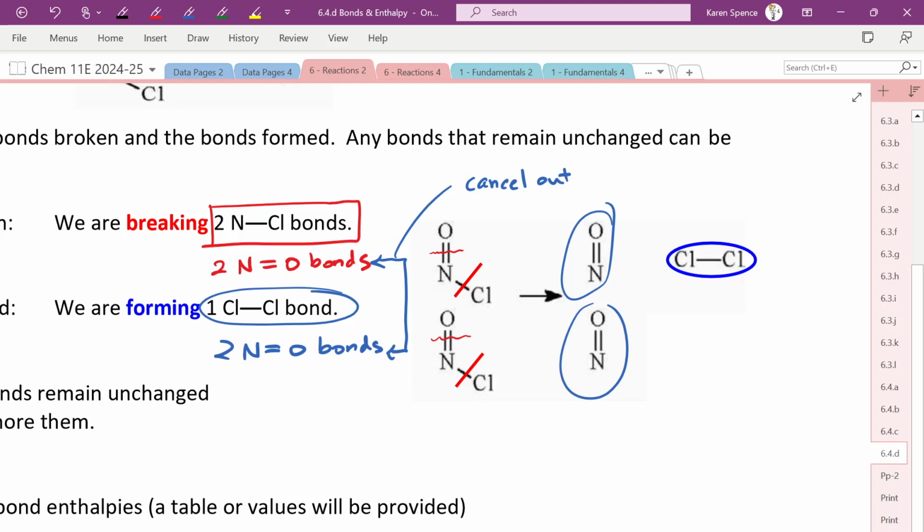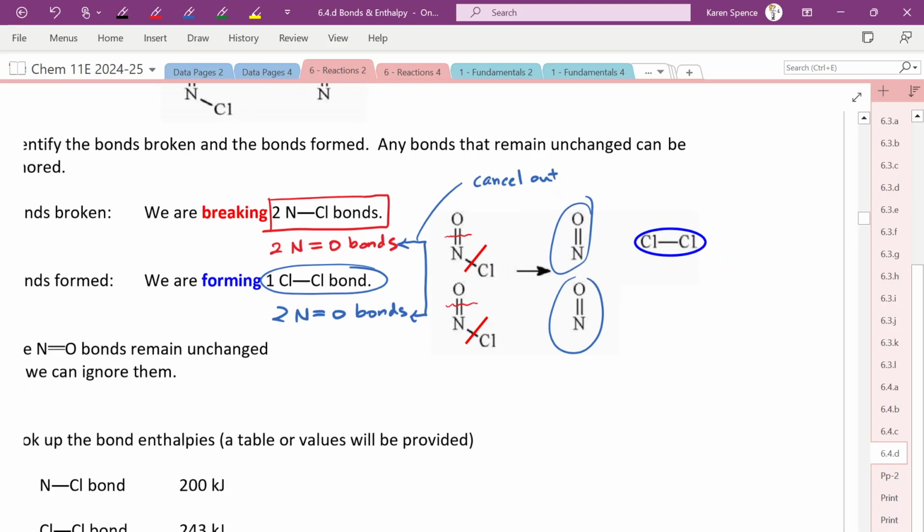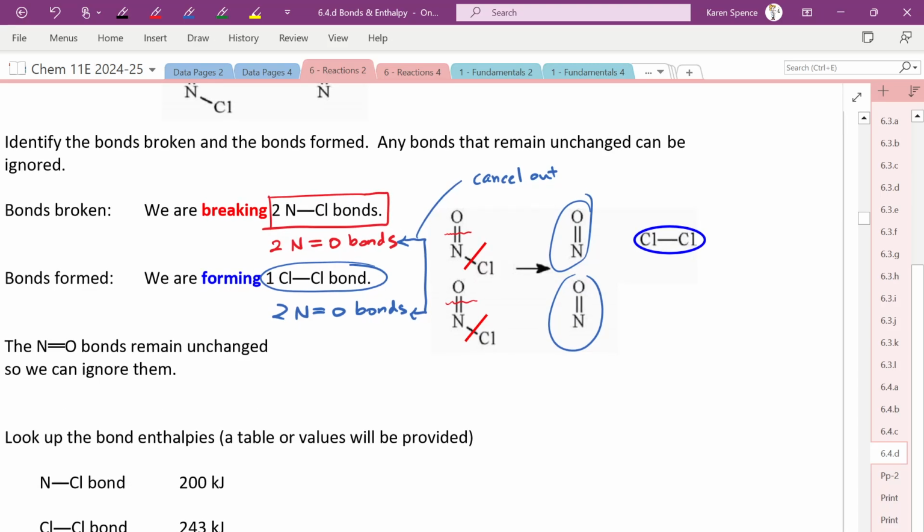So what we're going to do is take a look at a table of bond enthalpies. We have an N-Cl bond, which is 200 kilojoules. So we are breaking 2 N-Cl bonds.